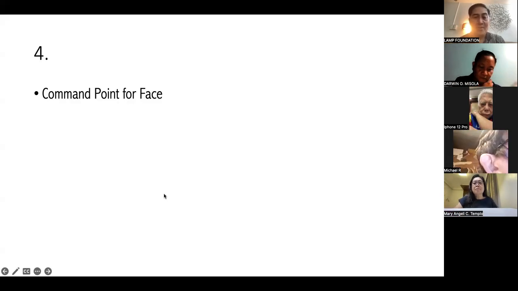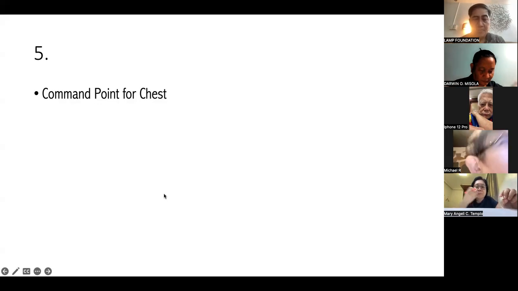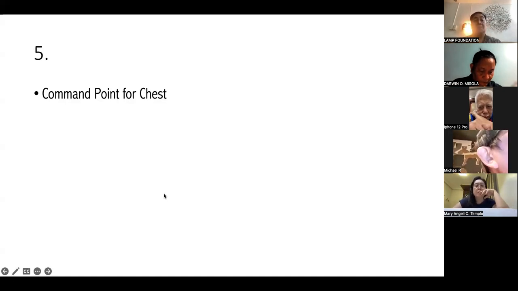So command point for the face. LI 4. Command point for the chest. I'm not sure if this is my answer correct. Lung 7? Is the lung 7? Is it correct? PC6.